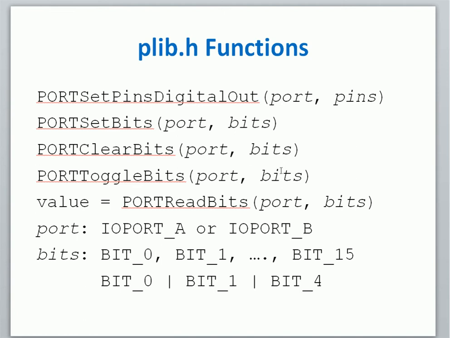There's an extra function in there called port toggle bits, which is really cool because every time you call it, for whatever pin you call it on, if the pin was on, it turns it off, but if it was off, it turns it on.